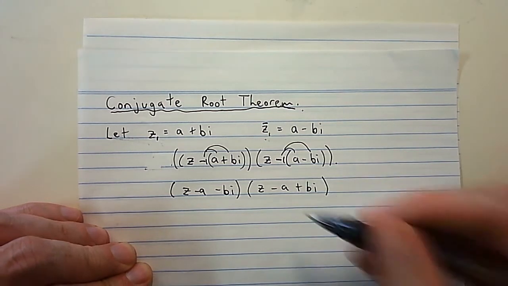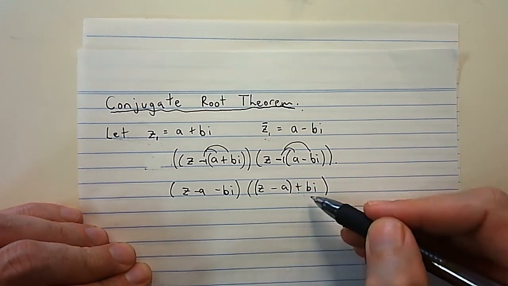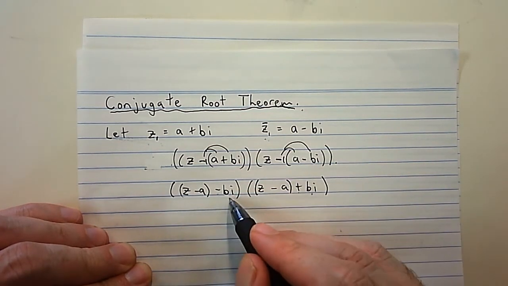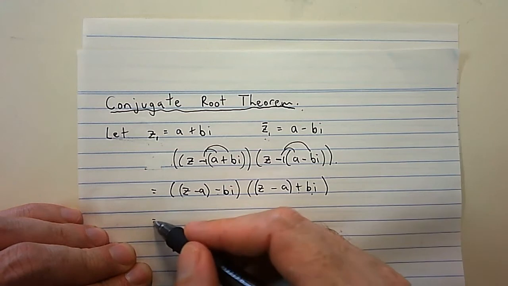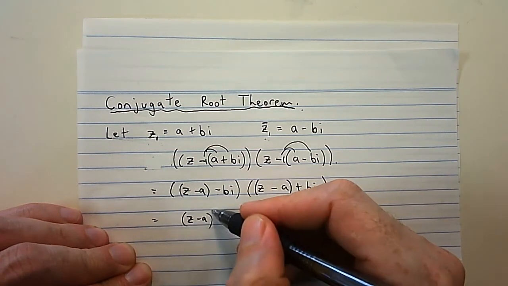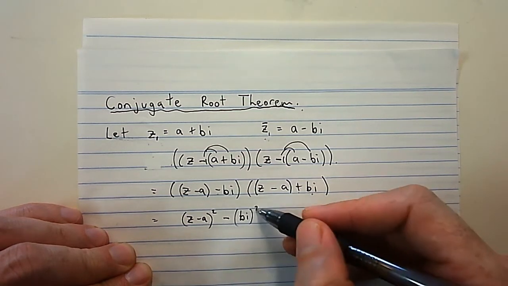I'm just going to pair these up so it's more obvious. This is the difference of two squares, so I can say this is equal to z take a squared take away bi in brackets squared.